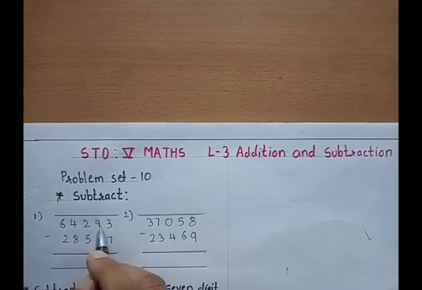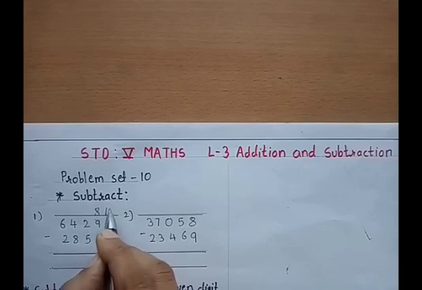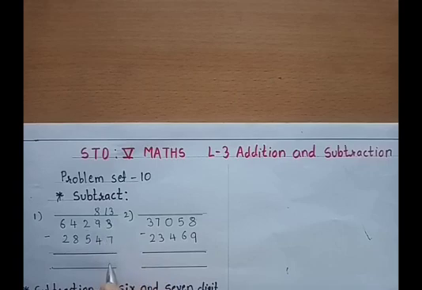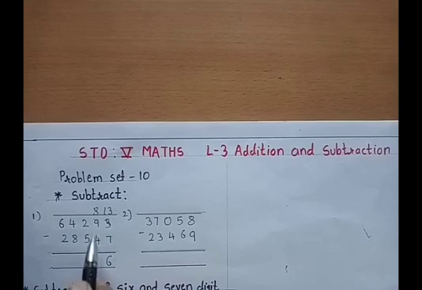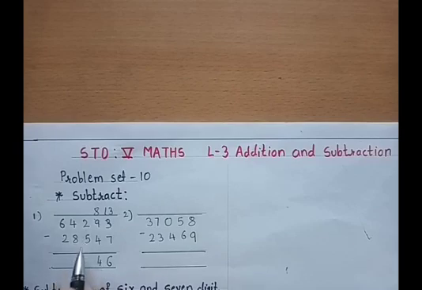So we have to borrow 1 from 9, the tens place. Cut 1 from 9 and write down 8. Put 1, cut 3, write down 3, so we get 13. Now subtract 7 from 13, we get 6. Come to the tens place. 8 minus 4, we get 4. Now the hundreds place.